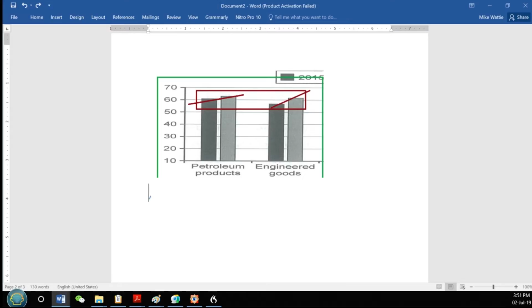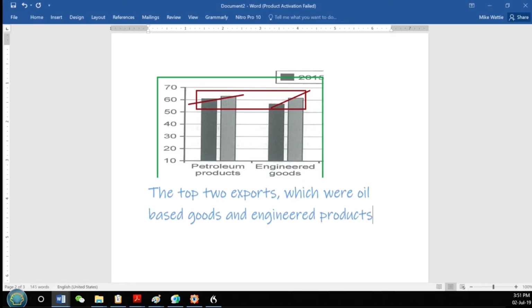The top 2 exports, which were oil-based goods and engineered products, had similar sales volumes. So this sentence gives the reader quite a bit of information.